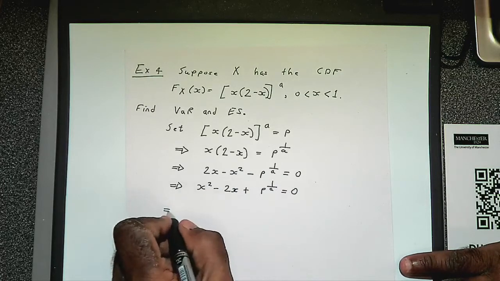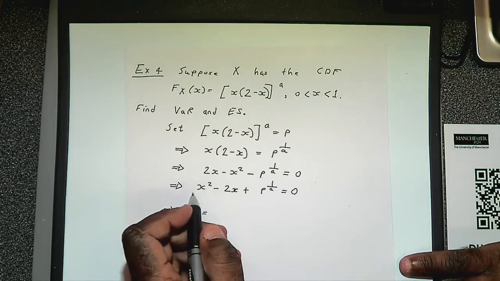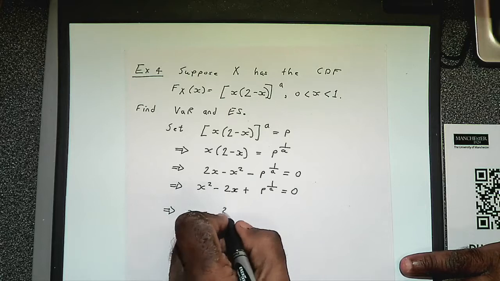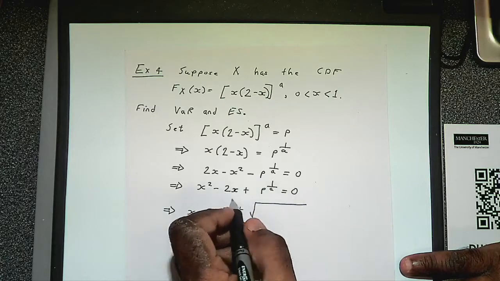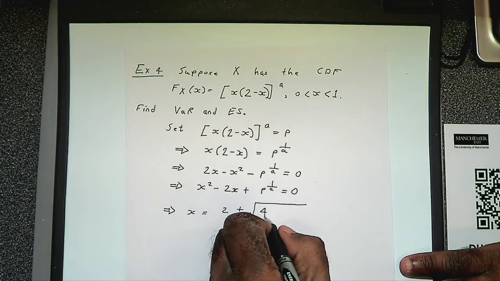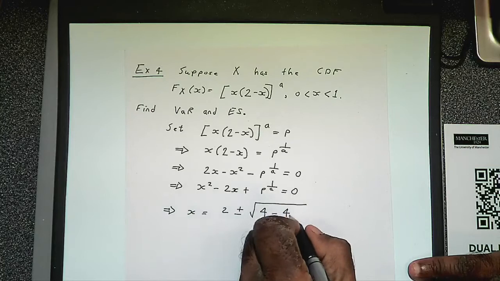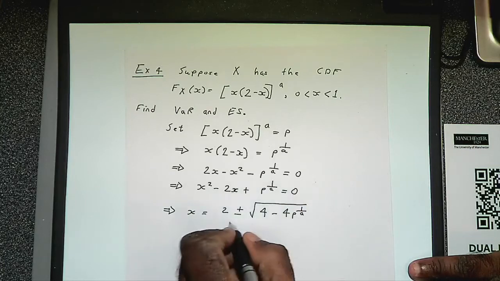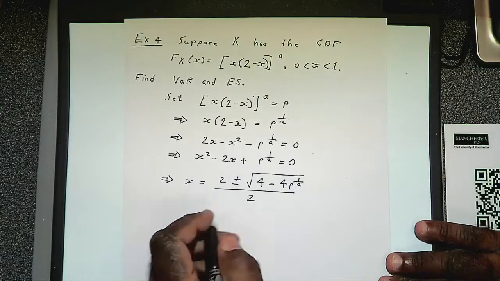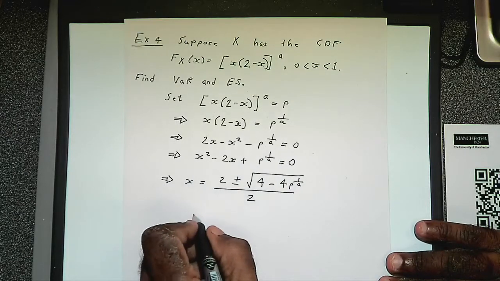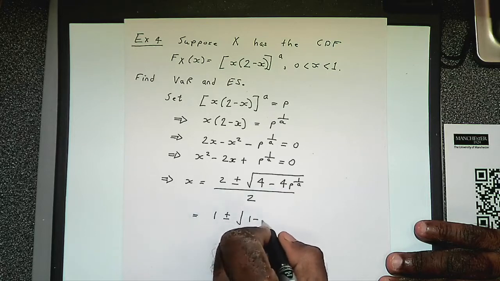So there are two possible solutions. You know the formula, right? Minus b plus or minus the square root of b squared minus 4ac, divided by 2. So you can simplify this to 1 plus or minus the square root of 1 minus this.